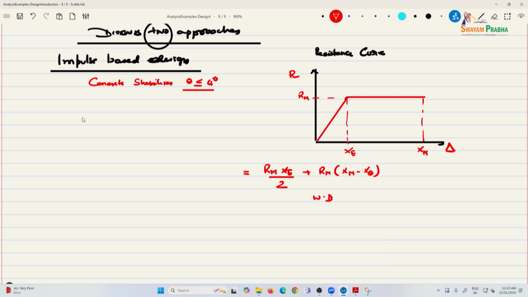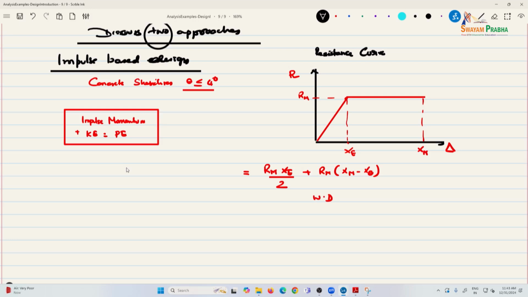Using the impulse momentum principle, which we have seen before, kinetic energy equal to the potential energy, these 2 principles, you can derive the energy into the system in terms of impulse as I square area, divided by 2 KLM multiplied by m.